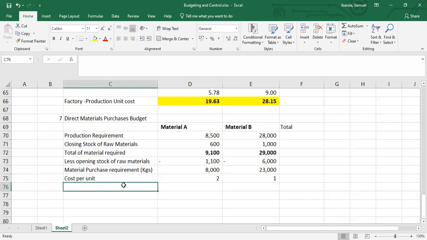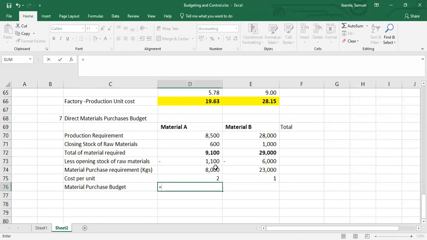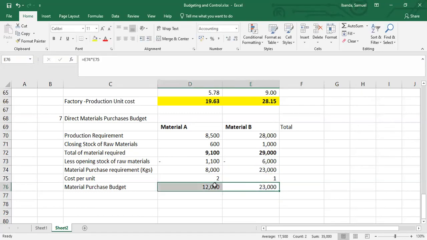So to get the material purchase budget, or the direct material purchase budget, whatever you'll call it, I'll just multiply this by the cost per kg to get 12,000, and I'll multiply 23 times 1 to get that.